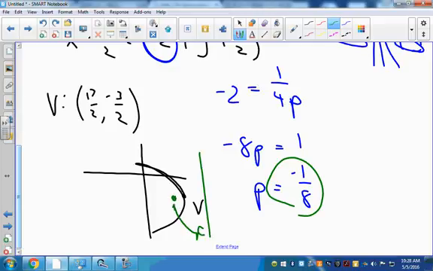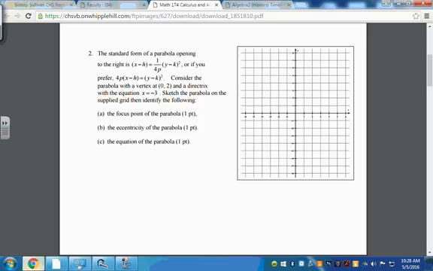Now, you should go ahead and practice some out of your book. There's a bunch of exercises in there. You can take the one problem on the practice thing and work it out. I give you the vertex, I give you the directrix, and your task is to figure out what the picture looks like and also the equation.